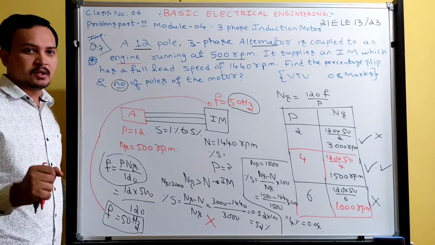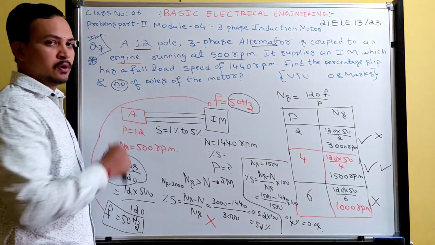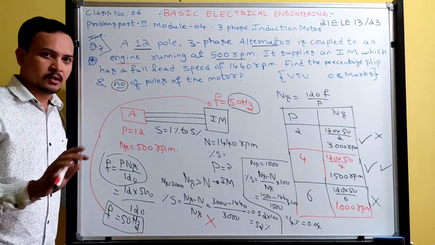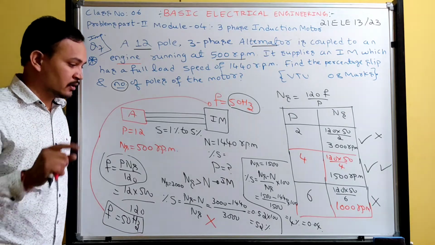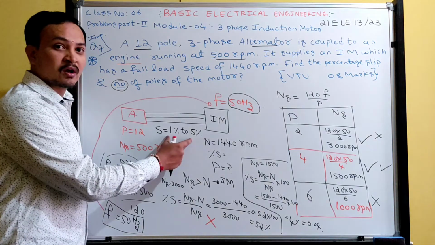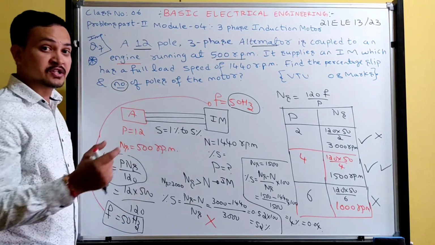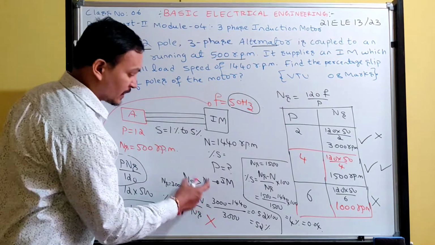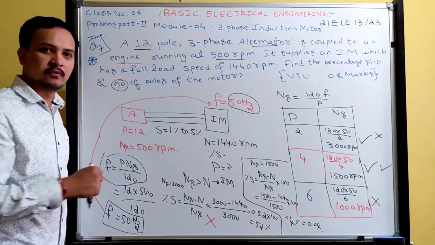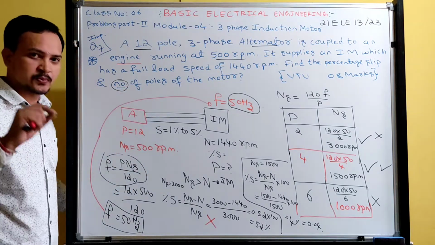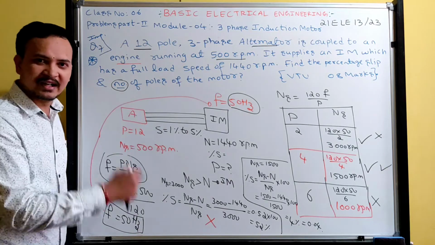So don't give up if data is not given. If they have not given poles, how can we calculate the problem? It should not be like that. The examiner, the paper setter, is checking whether students know this concept or not. Good induction motor, what is the condition? What is speed condition? Everything. To check that, they could have asked this type of question. Please pause the video and then copy down neatly.